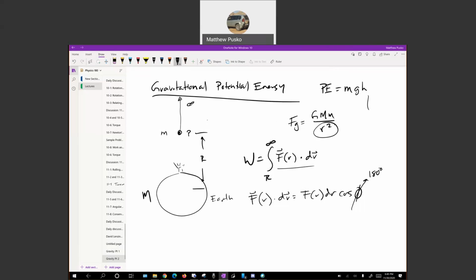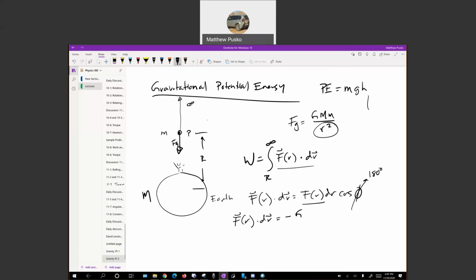And what we end up with is F of r dotted into dr is equal to, we substitute our force of gravity in, we get a minus G because it's pointed downwards. I'll put it on a free body diagram there.